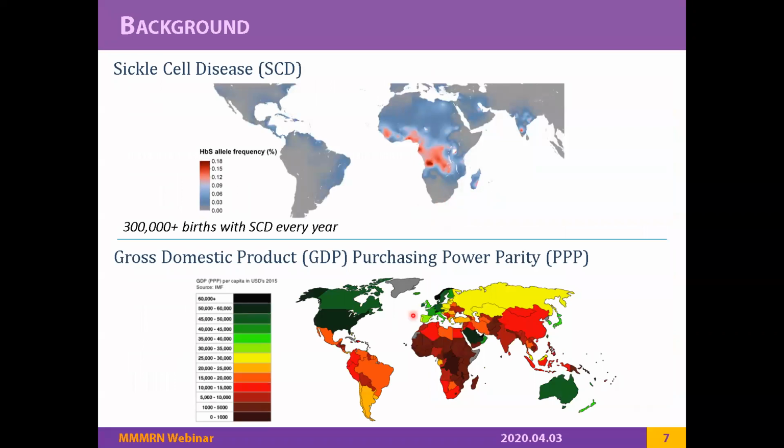But if you look at the GDP and the PPP around the world, you'll see the region with the highest prevalence of sickle cell disease has the lowest GDP and the lowest economic capability to address this healthcare issue. So it's an irony and it's a concern. You can see here that this region has the highest prevalence, and it is one of the lowest GDP countries.